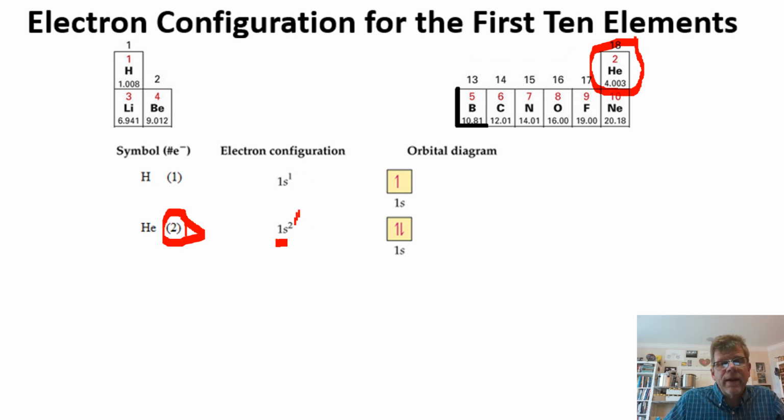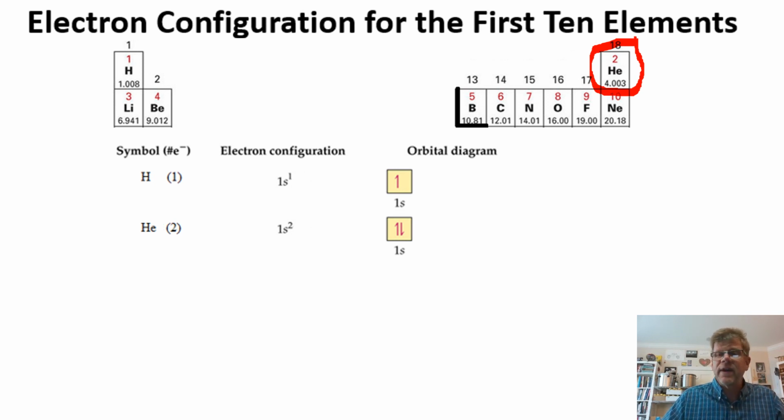So we have 1s2 for the electron configuration of helium. The orbital diagram for helium is still that 1s orbital, but now we have another electron in there, spin down. So this would be the orbital diagram for helium.